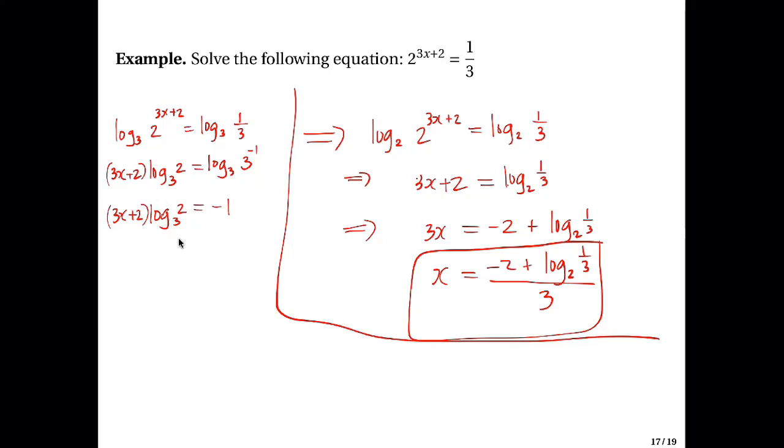So from here, we just solve for x. You have 3x plus 2 equal to negative 1 over log 2 base 3. And then we continue solving for x. You have 3x equals minus 2 minus 1 over log of 2 base 3.